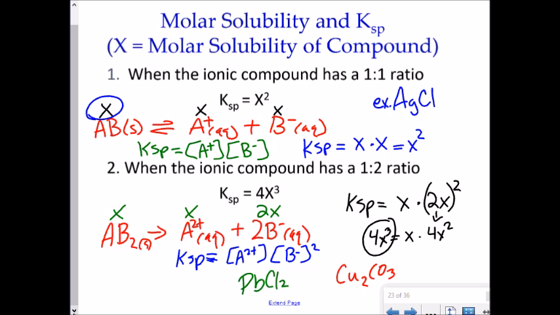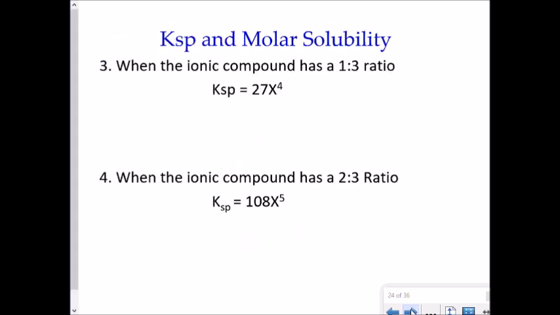So you could have the 2 being the cation and the 1 being the anion. You can have it that way too. So it doesn't really matter if the cation's 2 or the anion's 2. It just has to be a 1 to 2 ratio. But you'll still get that 4x to the third derivation. Now for the 1 to 3s.